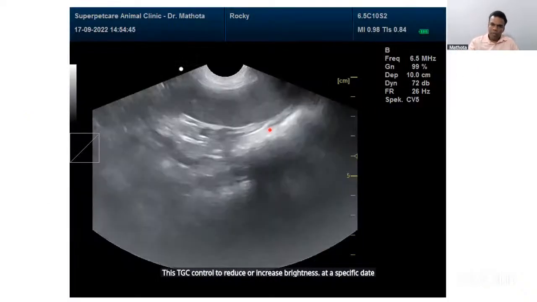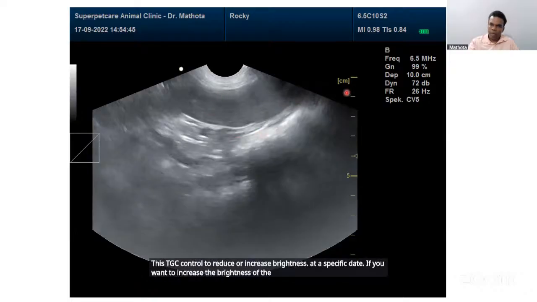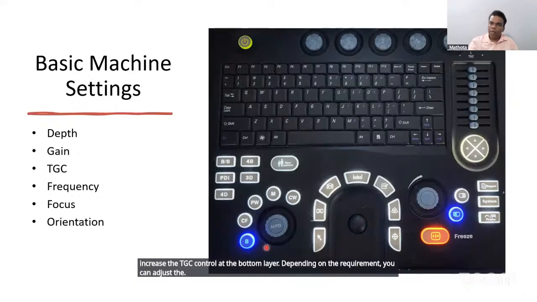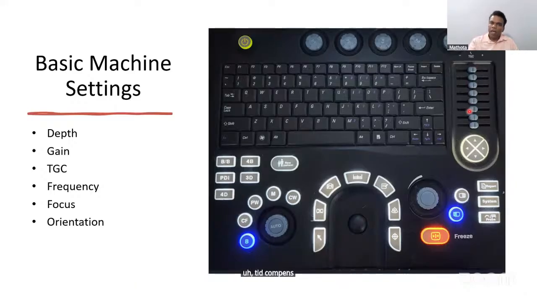If you want to increase the brightness of the top layer, you can increase the top layer. If you want to increase the brightness of the bottom layer, you can increase the TGC control at the bottom layer. Depending on the requirement, you can adjust the time gain compensation and reduce or increase the brightness of a specific region of the image.